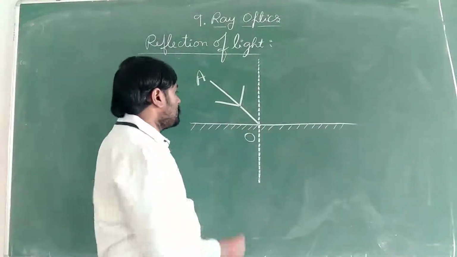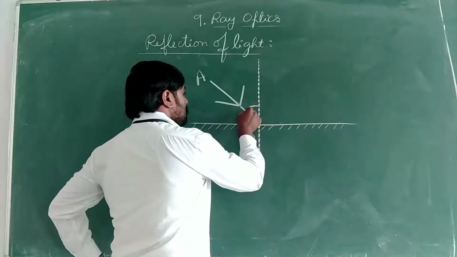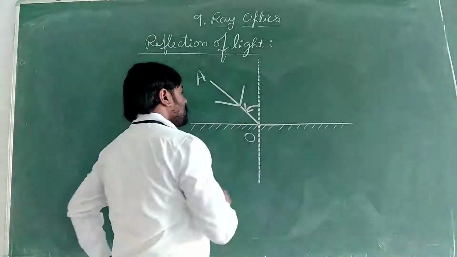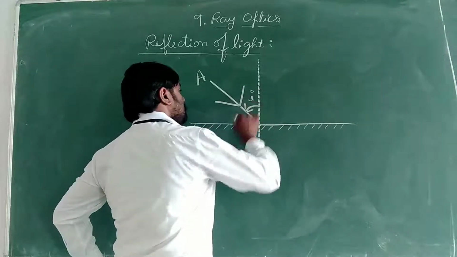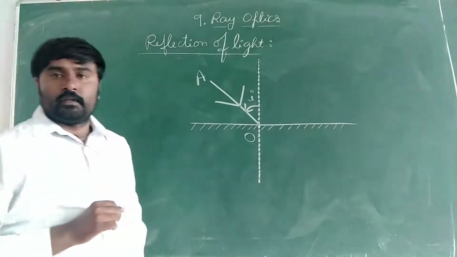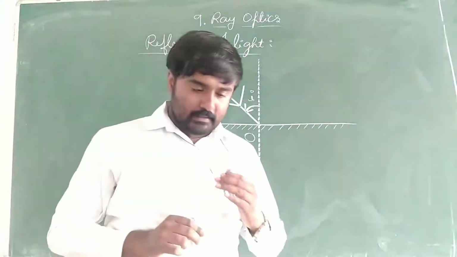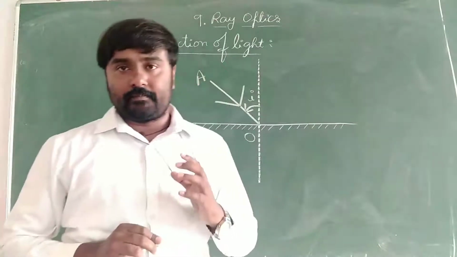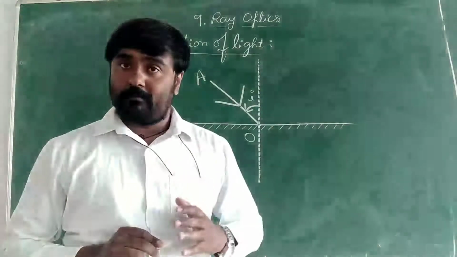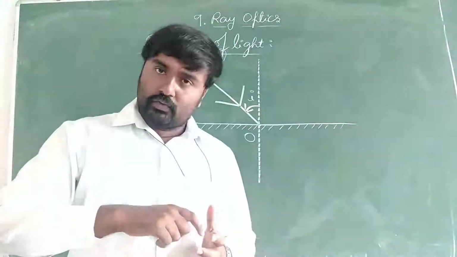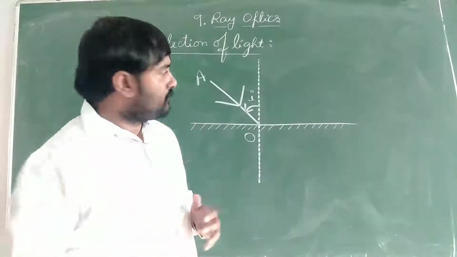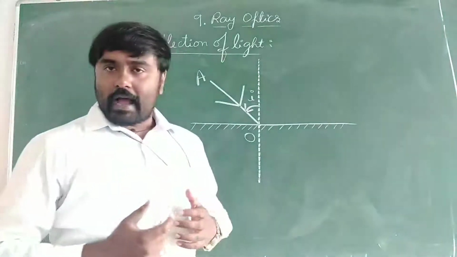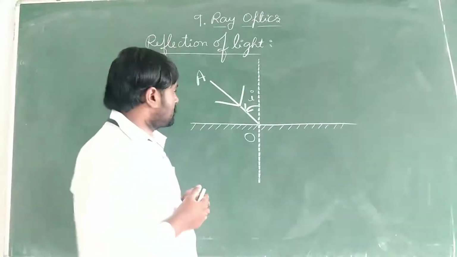The angle made by normal to incident ray is the angle of incidence. Angle of incidence is the angle made by normal to incident ray.